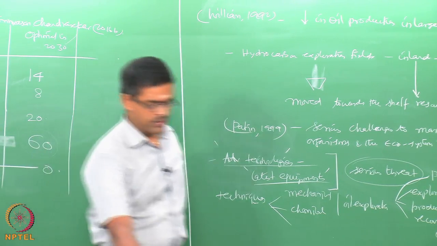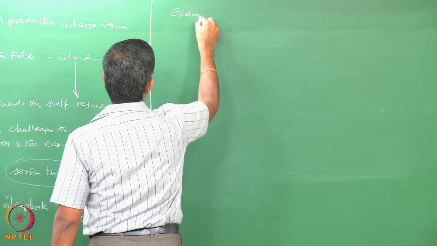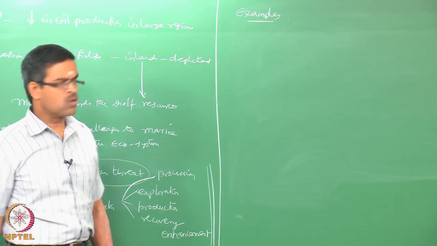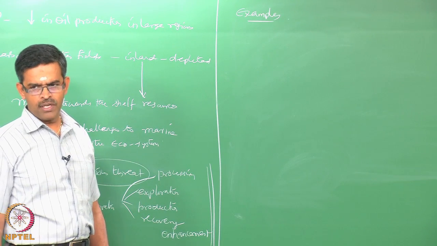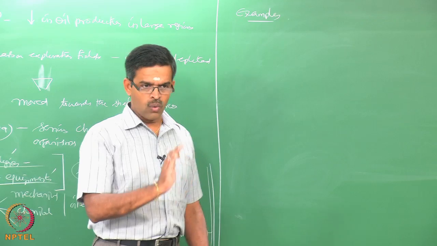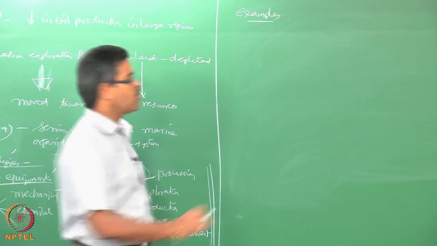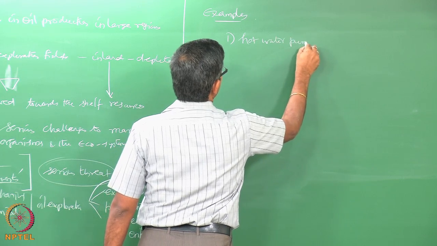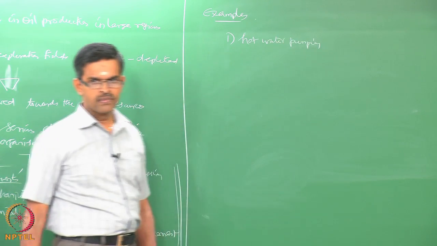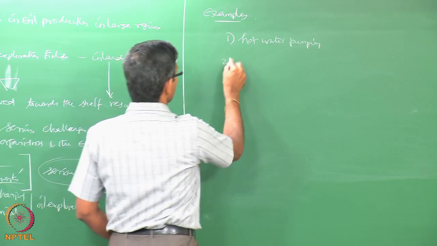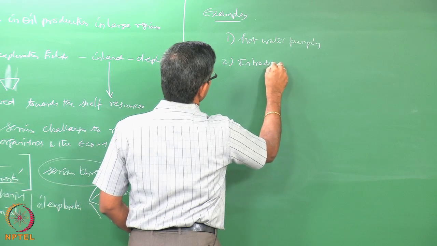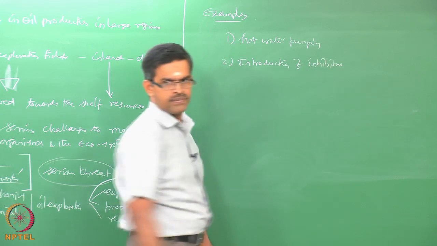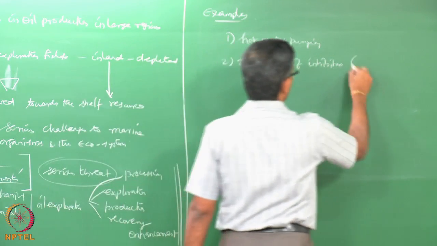We can give some examples on this. Let us list some examples which are responsible, or which are expected to be good contributors, for environmental issues which arise exclusively from oil and gas industries: hot water pumping, introduction of inhibitors, for example, methanol.